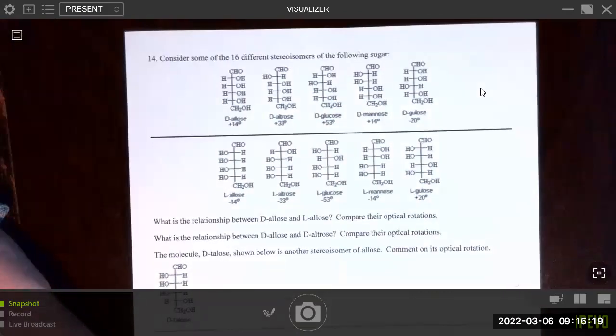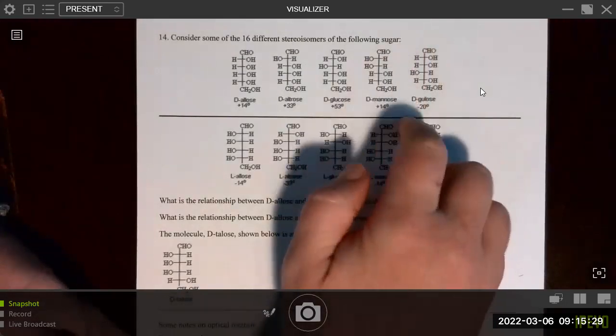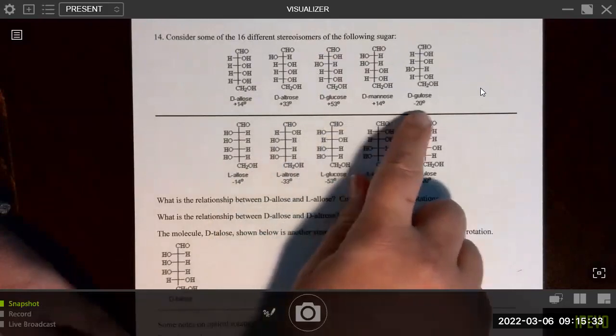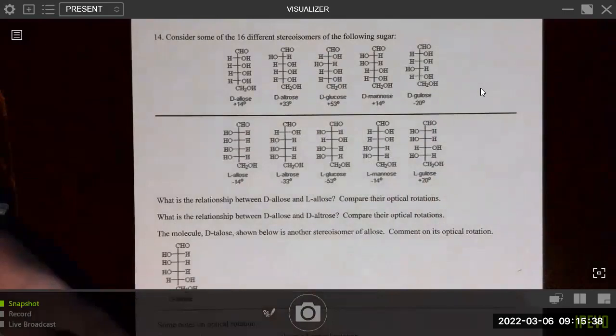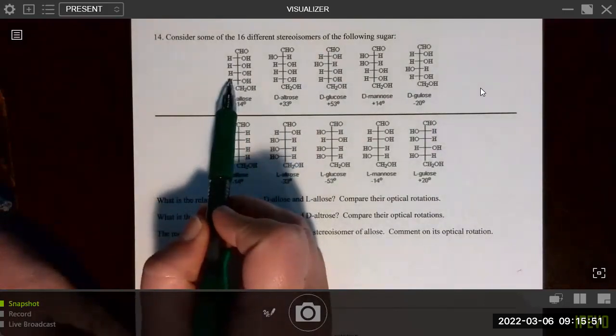Moving on to the next question here. It says, consider some of the 16 different stereoisomers of the following sugar. You can see this is the most common one, D-glucose, but there's also other ones, like D-mannose, D-glucose, D-altrose, D-allose, and also L. By looking at the structures, you may have figured out why some are called D and L, but if not, it's actually this final chiral center.